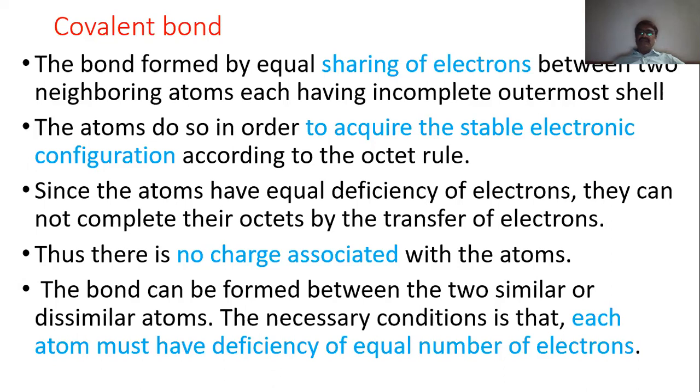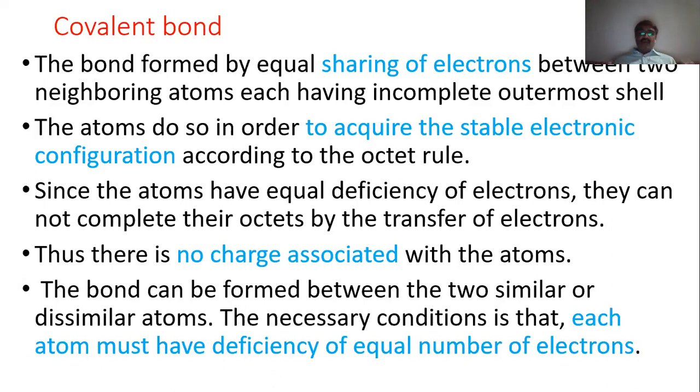Important: there may be a question in your mind that if both the atoms have equal deficiency of electrons, that means the atoms are of the same element, for example two sodium atoms or two chlorine atoms. Is it the case? No, it is not always. Even if these are not similar atoms, the covalent bond will still form. That means a covalent bond may be formed by sharing between similar or dissimilar atoms.